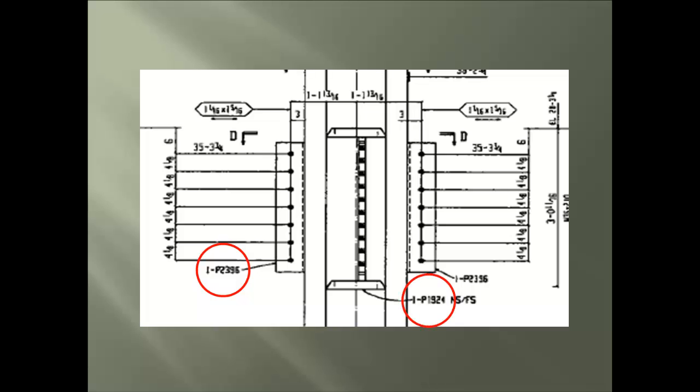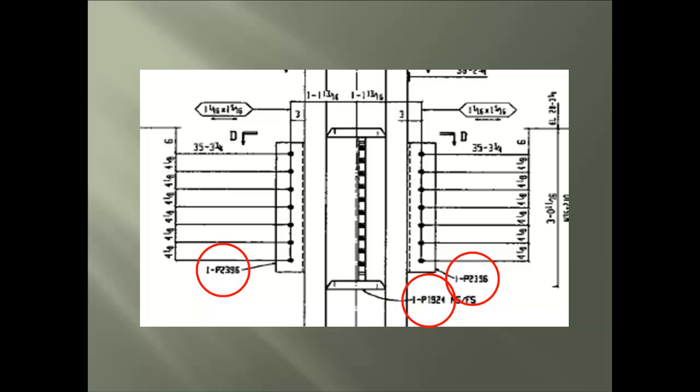Next, we see the continuity plate, and once again the number is P1924, which should also be written on the plate for compliance. And lastly is the connection plate found on the other side of the column with the number of P2356, and the identification marking should be there too.